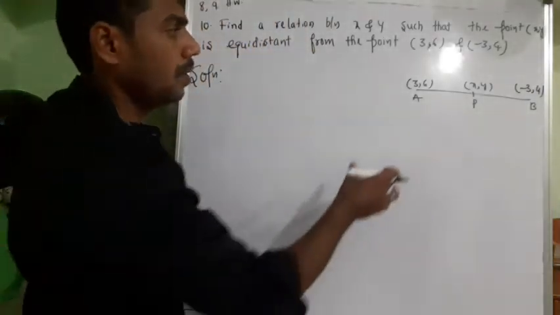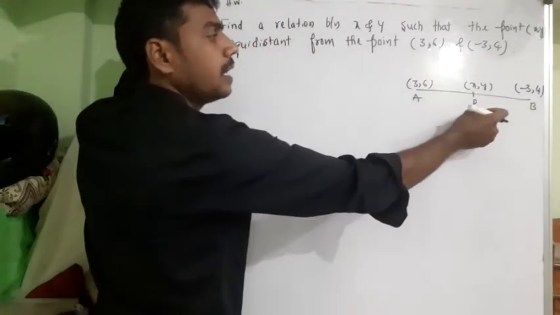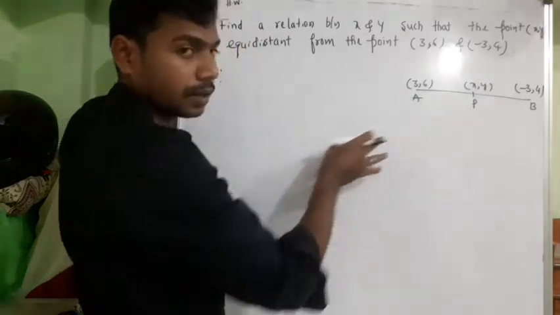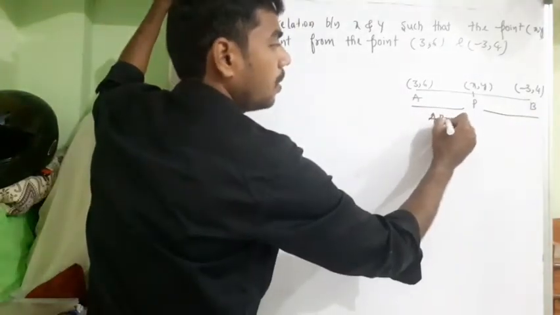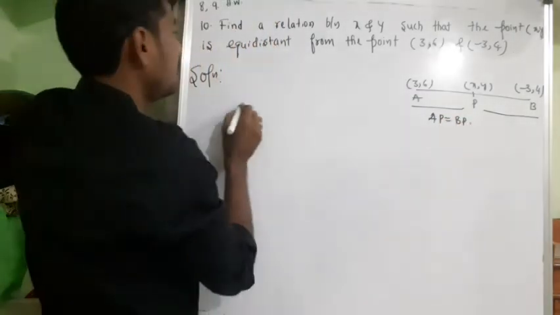Okay, so P is equidistant from A and from B. AP is equal to BP. This is given. So we'll solve.